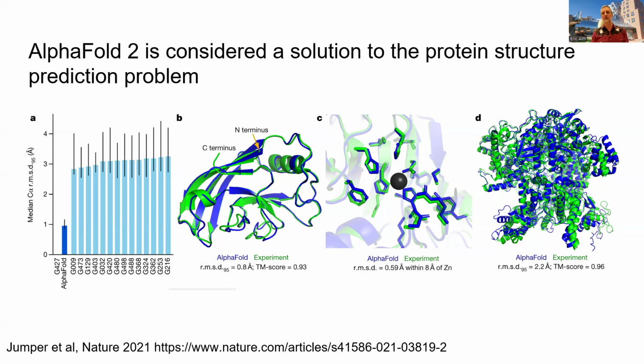But if we look at the structures, they're really, really impressive. So you can see the first structure, it's almost a perfect overlay. AlphaFold is in blue and the experimental structure is in green, and they fit almost identically on top of each other.